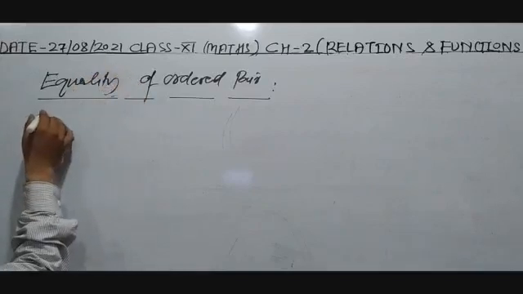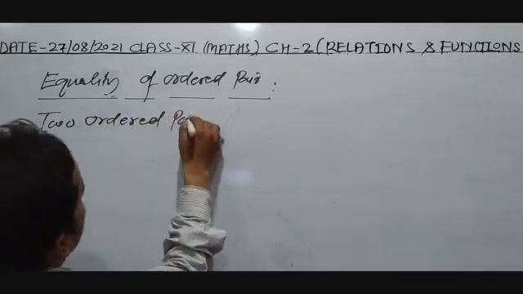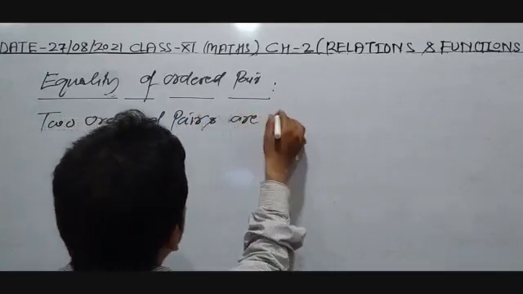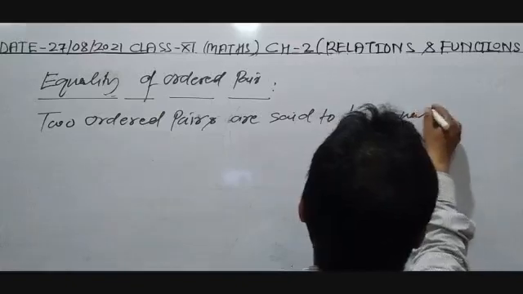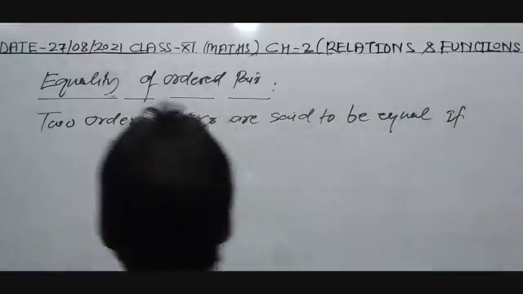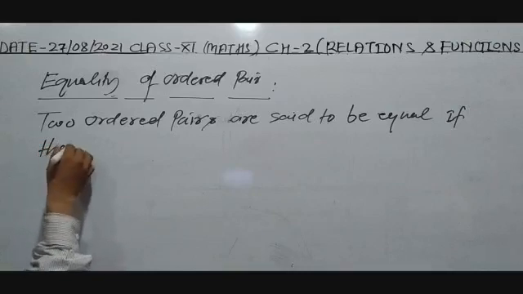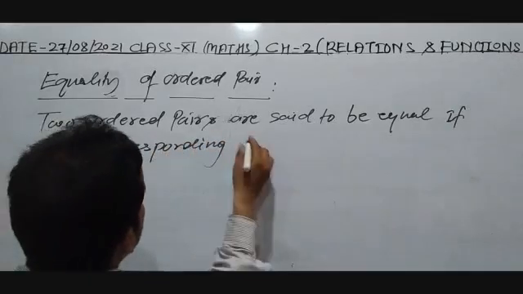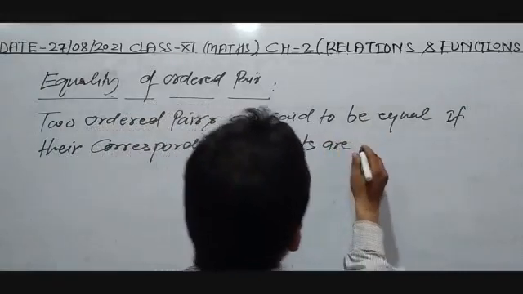Two ordered pairs are said to be equal if their corresponding elements are equal.